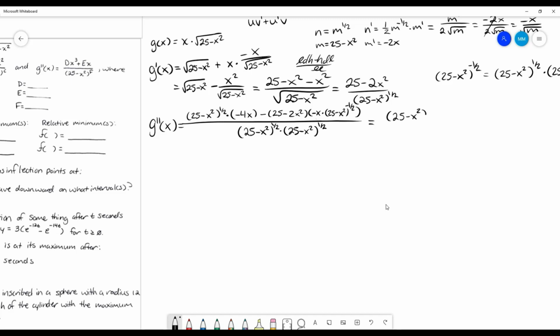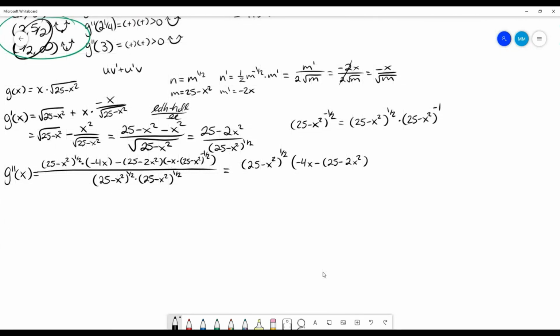So I'm going to go ahead and do that. Not negative, sorry, just the positive version. And now I get that negative 4x minus 25 minus 2x squared, which was that top there.